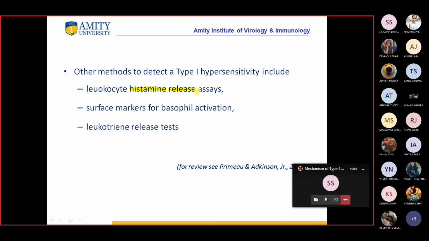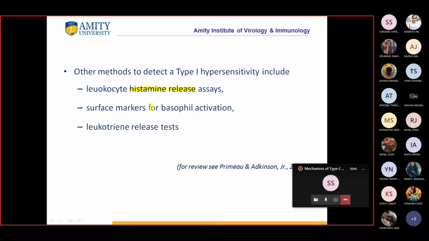You can analyze how much histamine is present in the serum. So rather than checking for IgE or by skin testing or any other method, you can look for the levels of histamine. So that is one method.